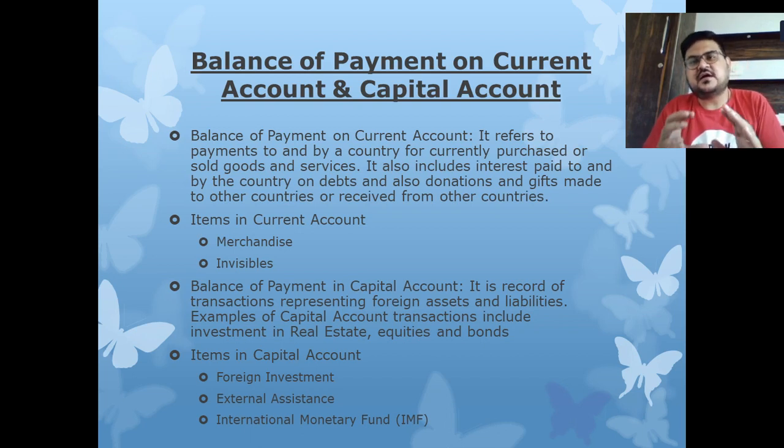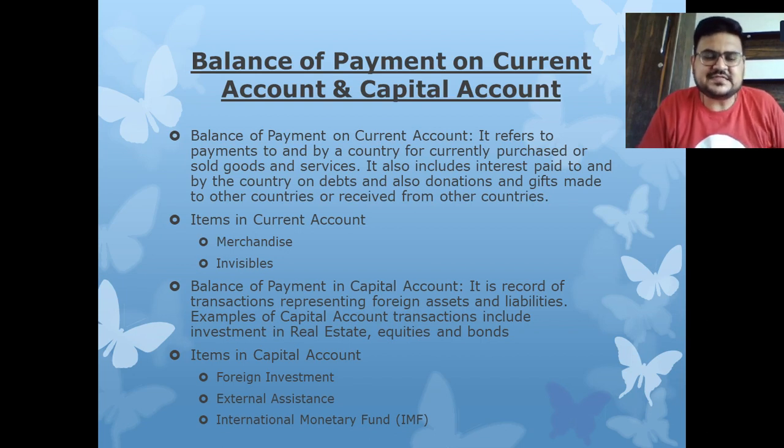All these transactions between one country and another are part of the balance of payment situation. So balance of payment on current account covers whatever transactions we have done recently. It could include merchandise, that is goods, and anything invisible, such as services.